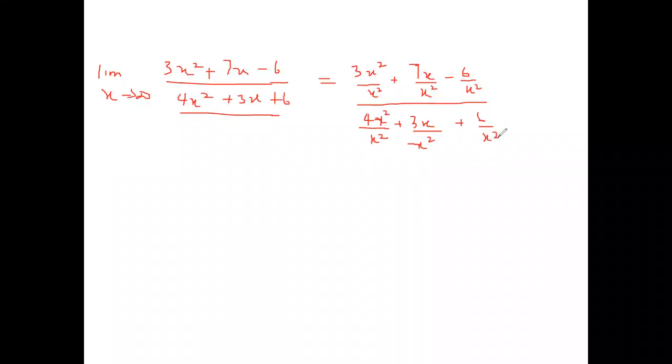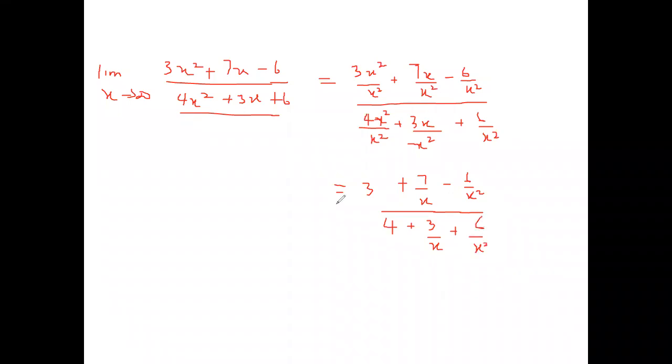Okay, so once we've done that, this will cancel out. So we get 3 plus 7 over x minus 6 over x squared, all over 4 plus 3 over x, plus 6 over x squared.